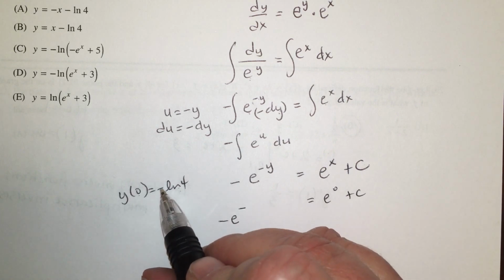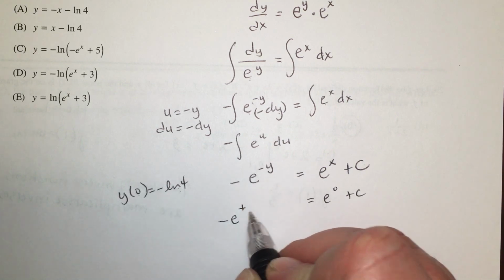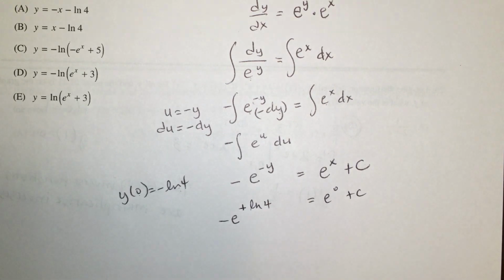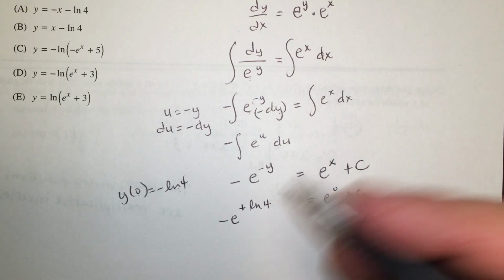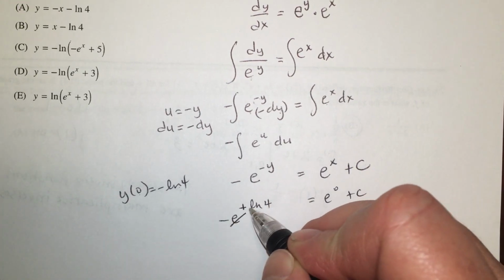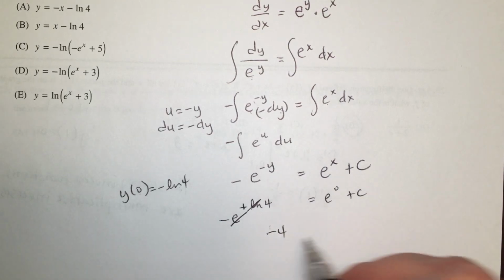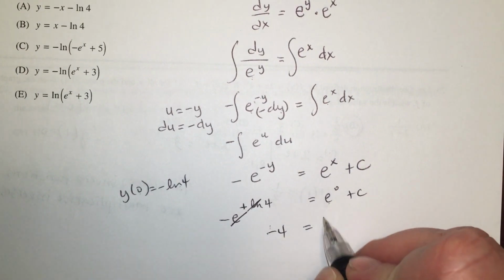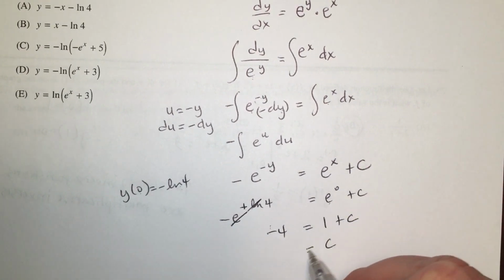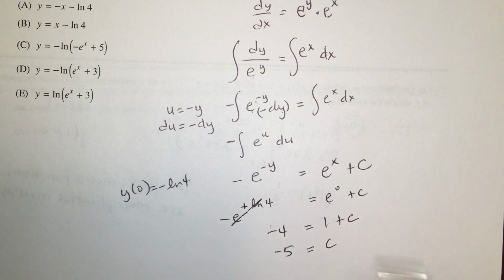So if I have opposite and negative, that becomes positive ln 4. And then e and ln next to each other are going to cancel each other out, and that 4 is going to drop down, and this is going to be negative 4. And e to the 0 is going to be 1 plus c, so subtract the 1 to this side, and c is equal to negative 5.